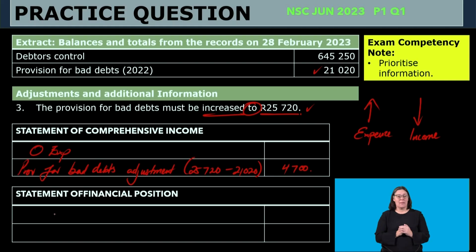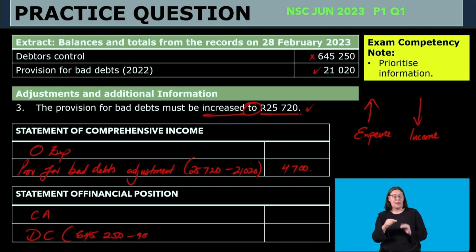But when I come to the statement of financial position, remember, I've already done some adjustments on bad debts. I want to see if you still remember what we did under our current assets. We had those calculations where we had debtors control, 645,250. And then we said what? Minus 9,000. And then we also said minus 2,250.